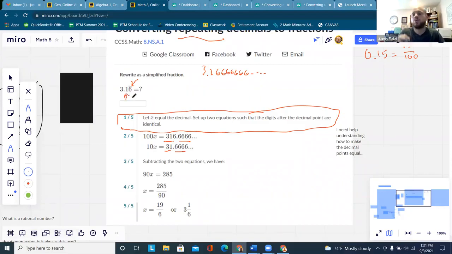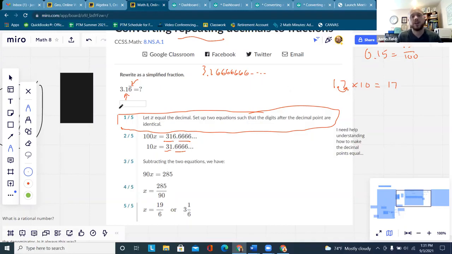So how do you move a decimal point? You multiply by 10 or 100 or 1000. And every time you multiply a number, for example, if I have the number 1.7 and I multiply it by 10, that makes it the number 17, because multiplying by 10 moves the decimal point to the right.